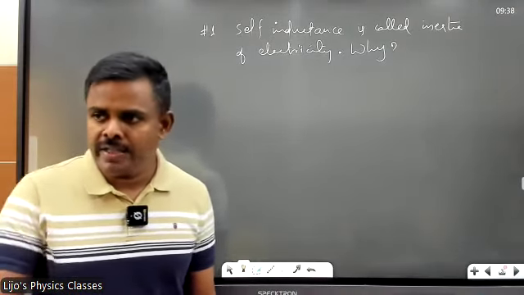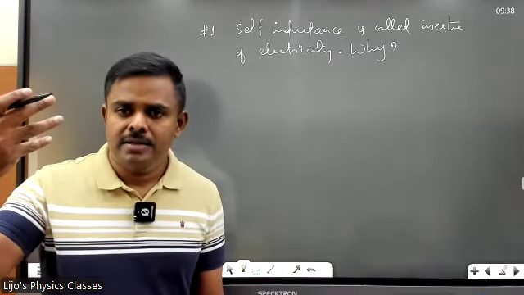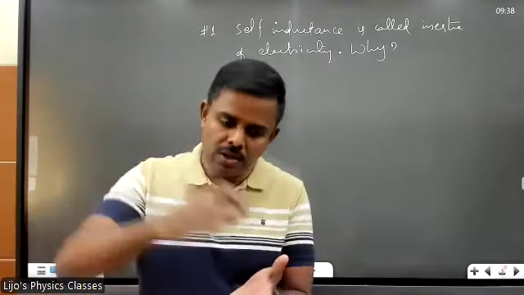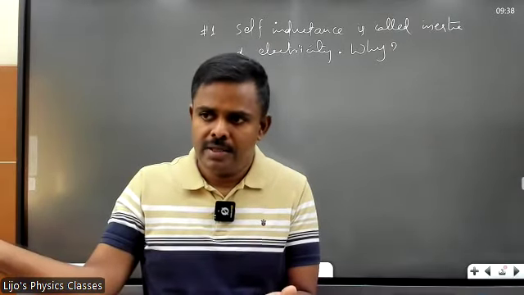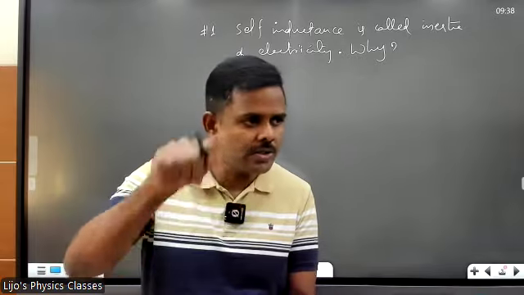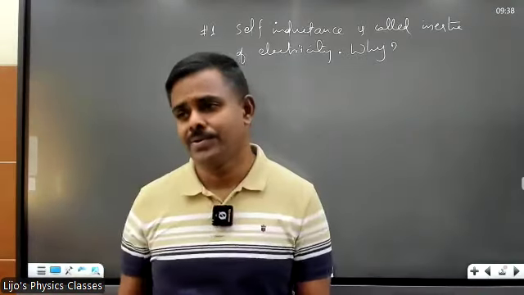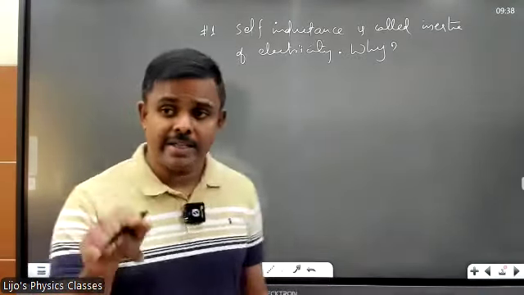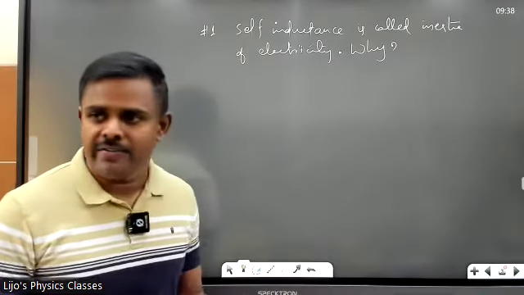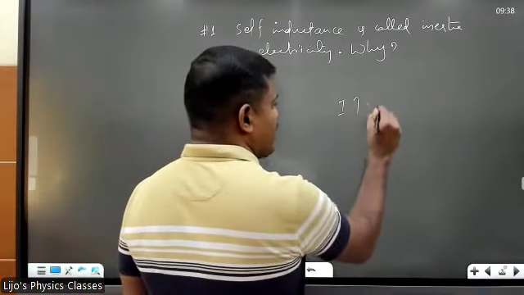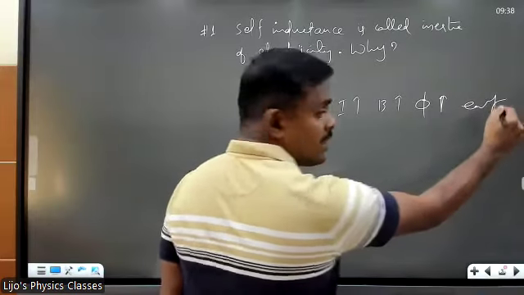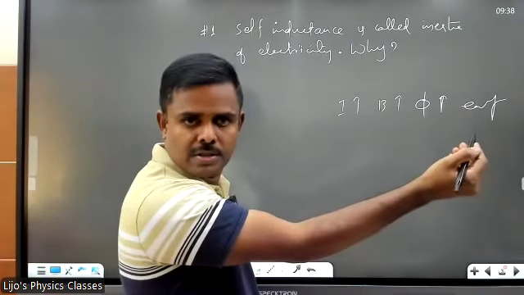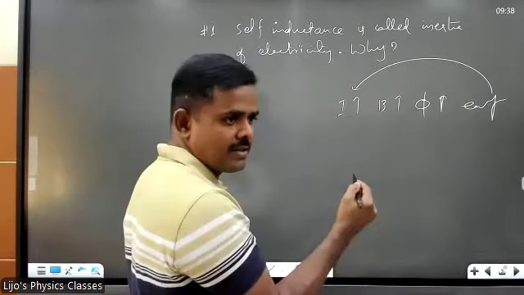Why? Because when there is growth of current, there is growth of field, growth of flux, and EMF will be generated. It will oppose the cause. The cause is growth of current, right?